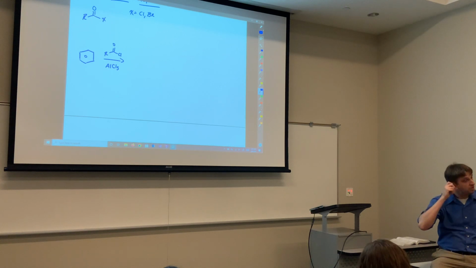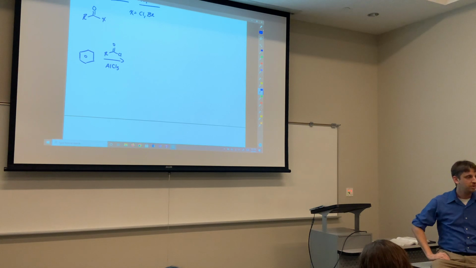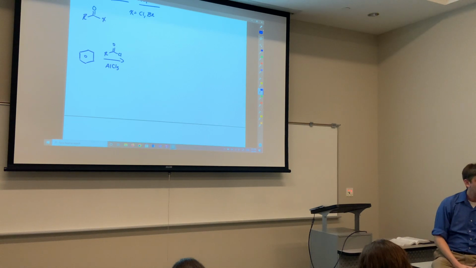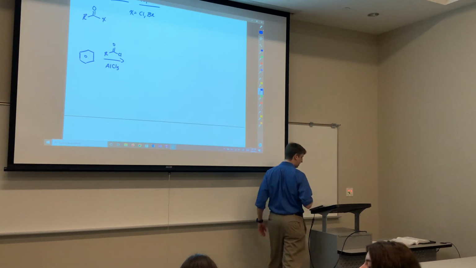Anyway, we do have our Lewis acid still, right? And we know that the halogen is going to be going after that aluminum. And so when we do that, we weaken the chlorine-carbon bond, right? And if we broke that chlorine-carbon bond, we would end up making a primary carbocation, right? You guys with me on this one?